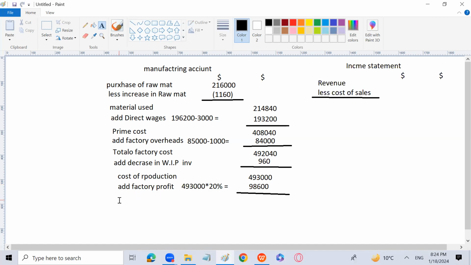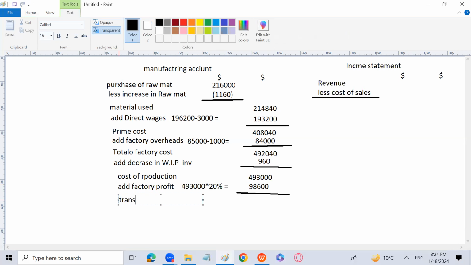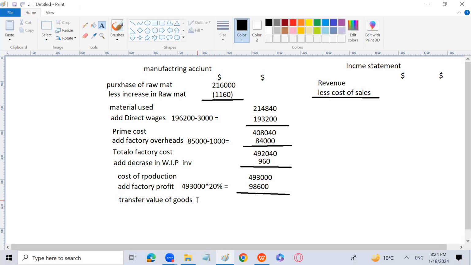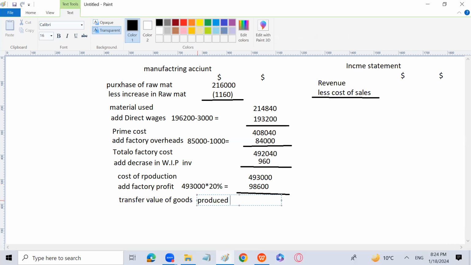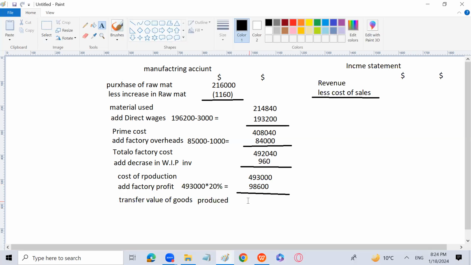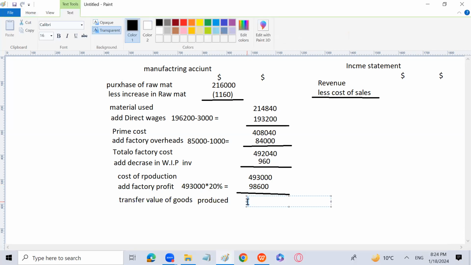You will get the transfer value of goods produced, or you may say market value of goods produced, or selling value of goods produced if the same goods are purchased from an outside supplier. How much will be there? 493,000 plus 98,600, that is 591,600. Right? So this is the transfer value of goods produced, 591,600.